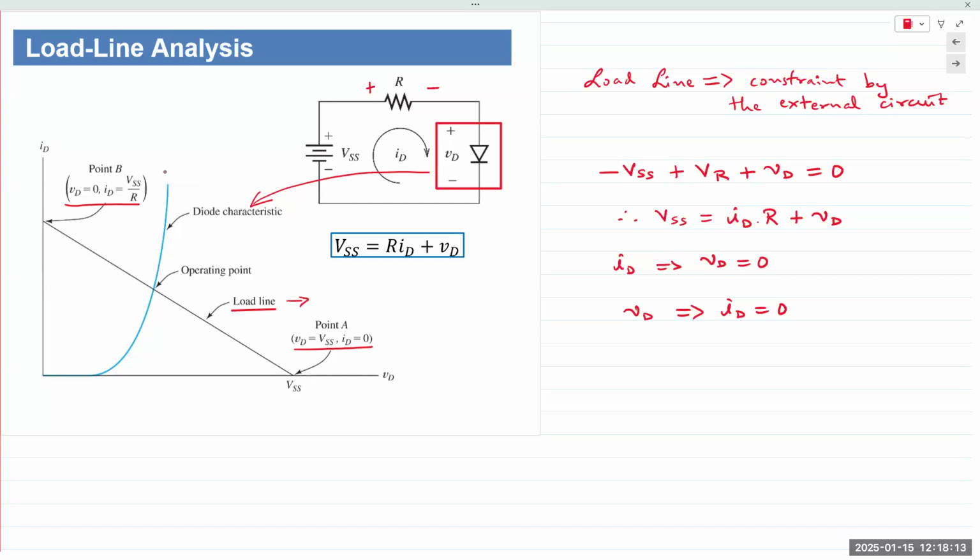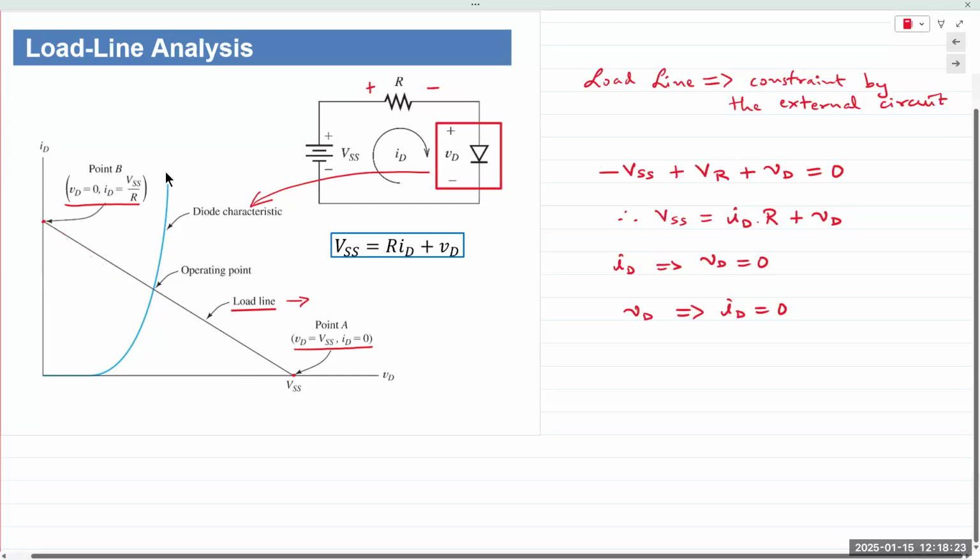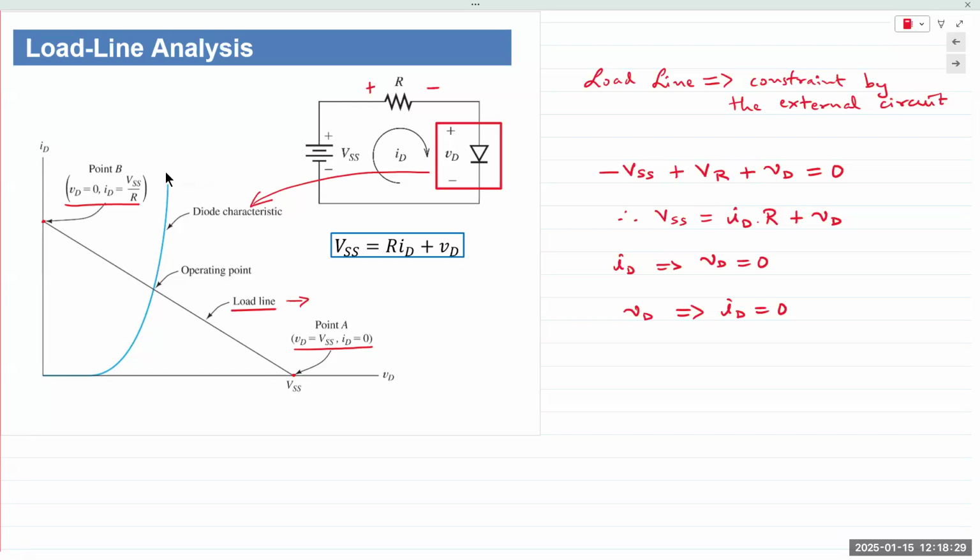Okay. And so we have 2 points, and those 2 points joined together give us the load line. So now we have 2 equations plotted out, and the intersection point of those 2 characteristics gives us a point known as the operating point.